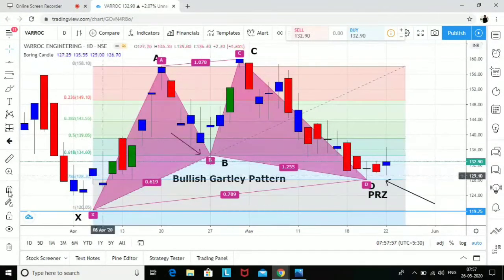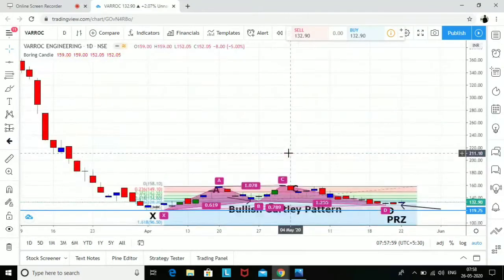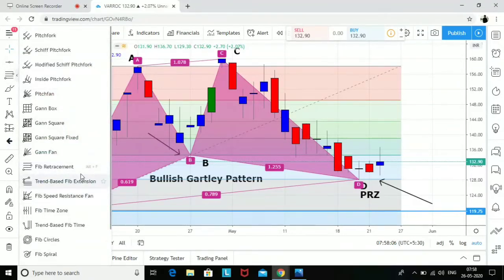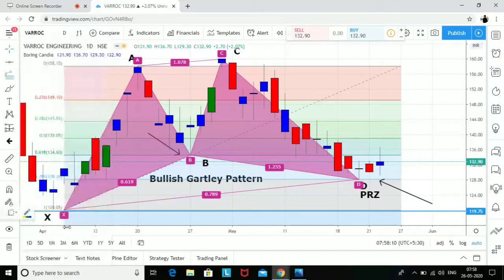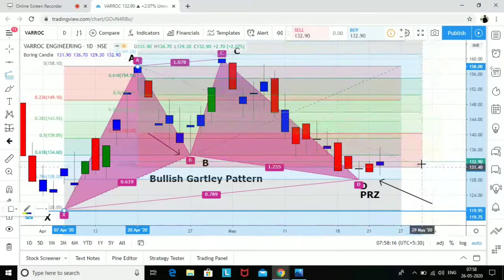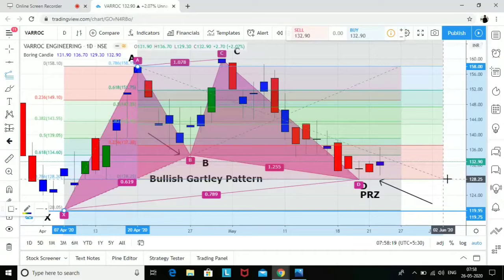Okay, let me not take this off. Let me draw a target somewhere around here also. I'll keep trend Fibonacci extension. I'll take a low, go till A, and then go till D, which is here.